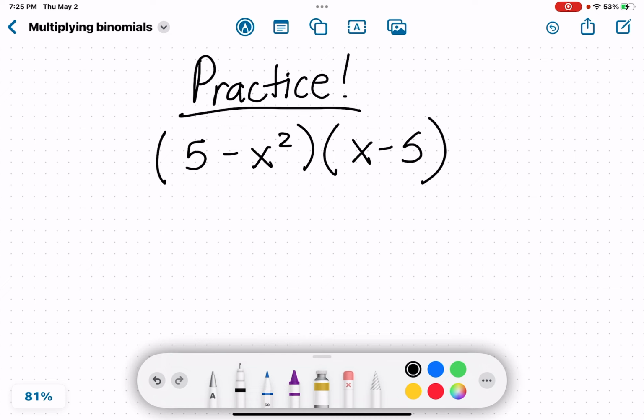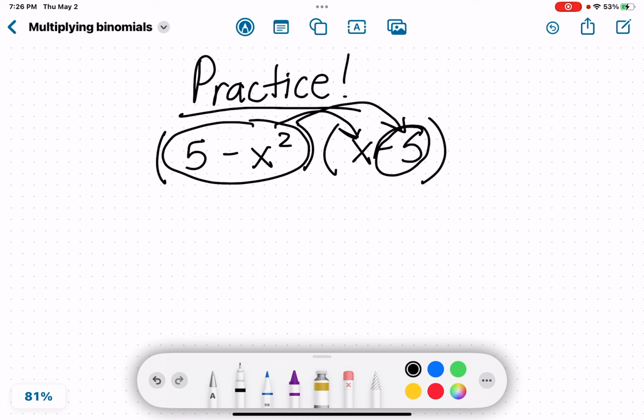Let's get into it. This time I'm going to use the distributive property. Let's take 5 minus x squared and distribute it to x and negative 5. Don't forget the negative. So we have x times 5 minus x squared minus 5 times 5 minus x squared.